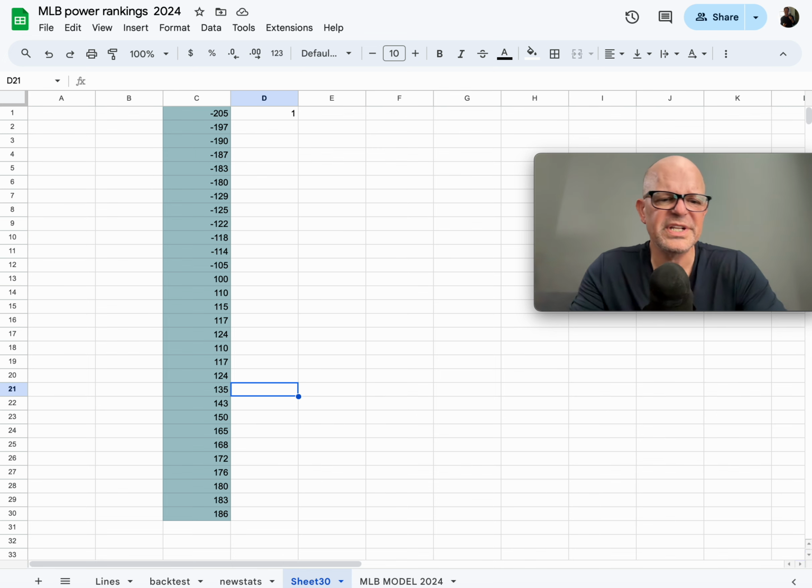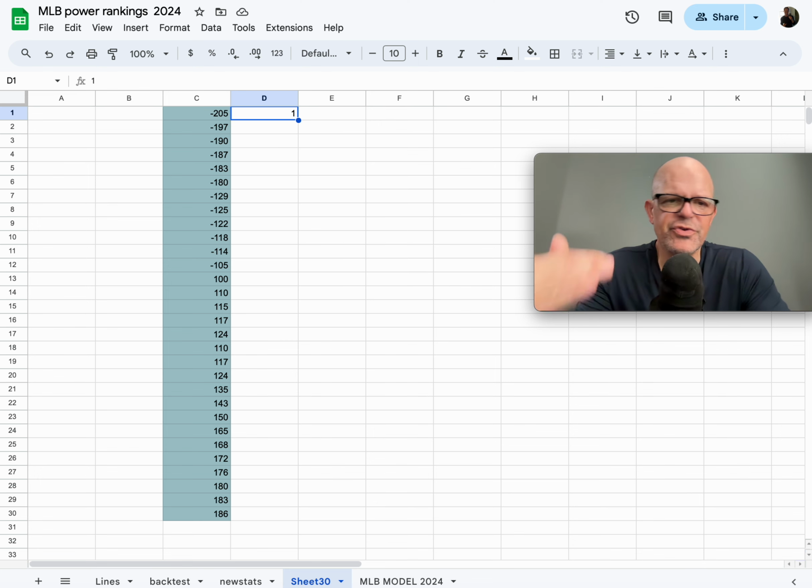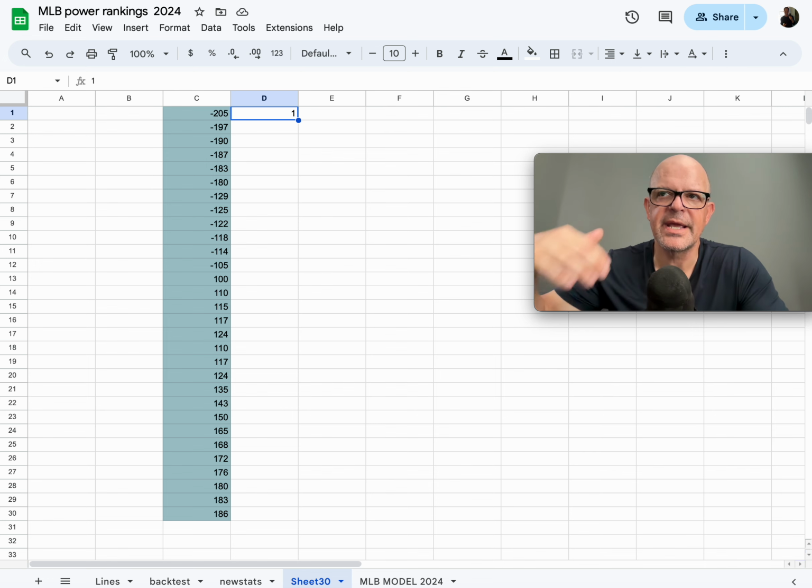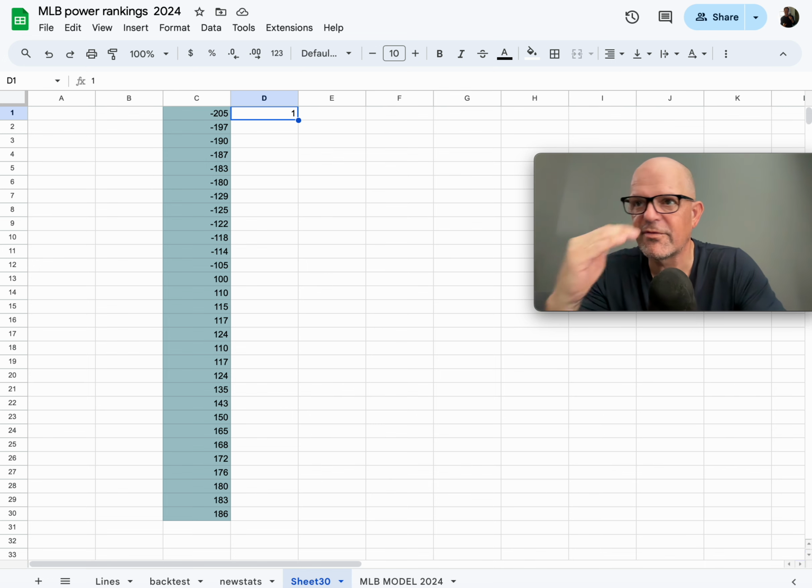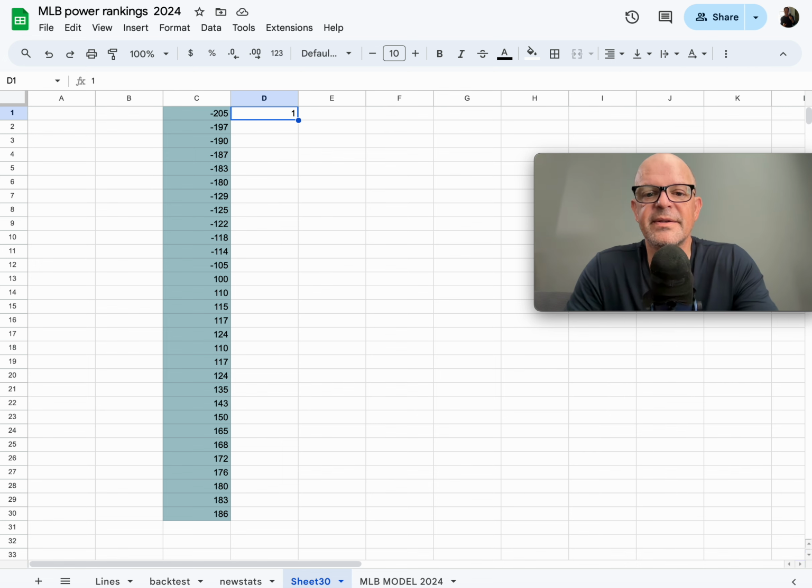So what is the right or correct line to use when you're building a model? You're just going to have to experiment with it. You can do this for any sport. You can rank your teams from 1 all the way to 30 for NBA or WNBA, for whatever stat you're using, and you can back test this way. So you can do what I did. Each day you run the model during the back test.